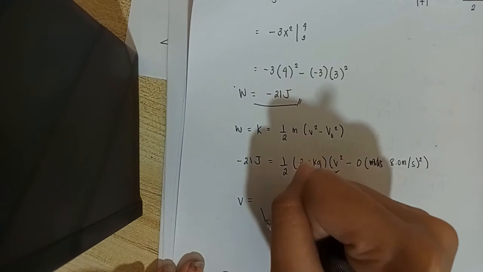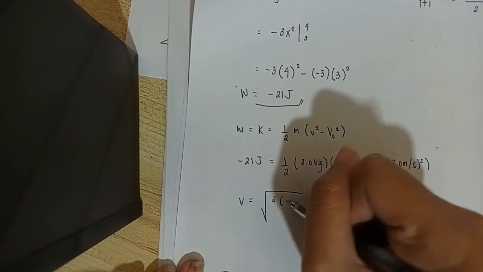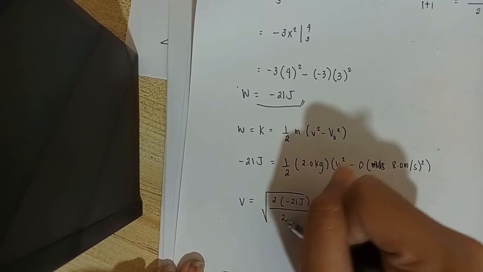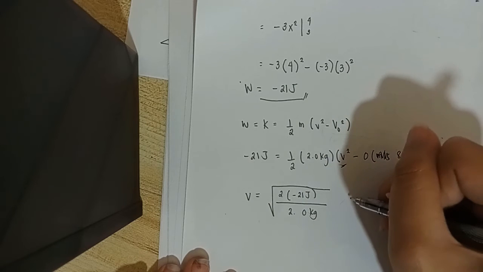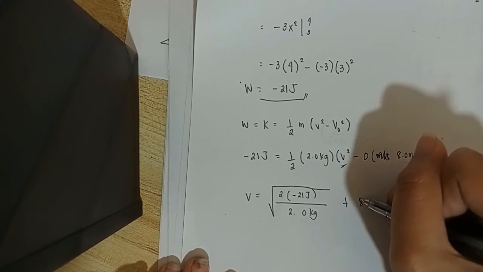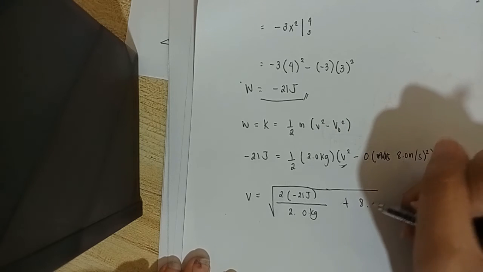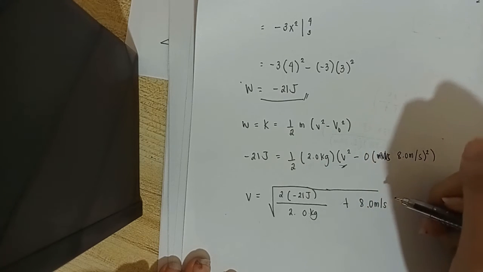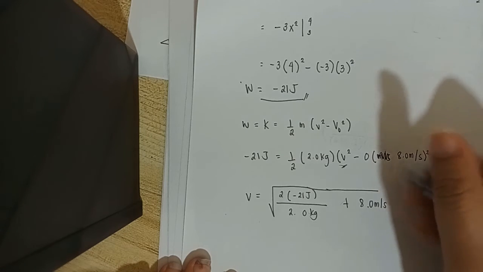So in order to solve for the v, we will have v is equal to the square root. We will do cross multiplication there. That will be 2 multiplied by negative 21 joules over 2.0 kilogram plus 8.0 meter per second squared.